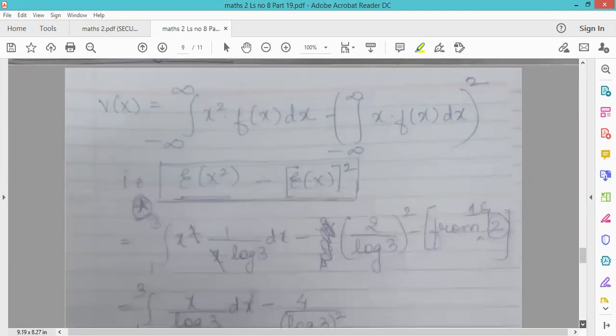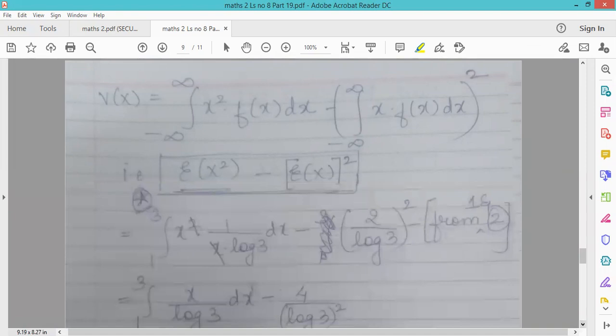Now moving forward to variance of X, the formula was, remember class, E of X square minus E of X the whole square. So E of X square will be nothing but integration minus infinity to infinity x square into f of x dx, minus integration minus infinity to infinity x into f of x dx the whole square.